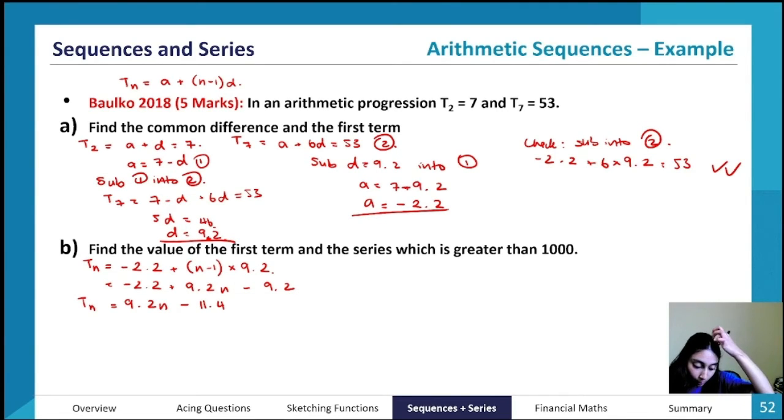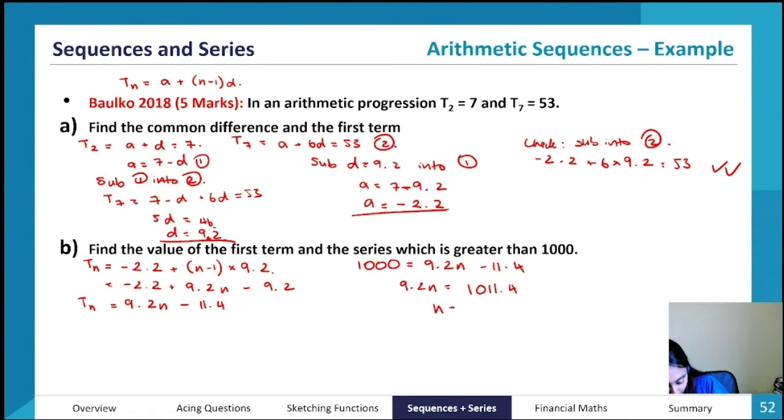Okay, so I'm looking for the term value that'll be greater than 1,000. So I'm going to say that 1,000 is equal to 9.2n minus 11.4. 9.2n is equal to 1,011.4. n will be equal to 1,011.4 divided by 9.2, which will be 109.93, blah, blah, blah.